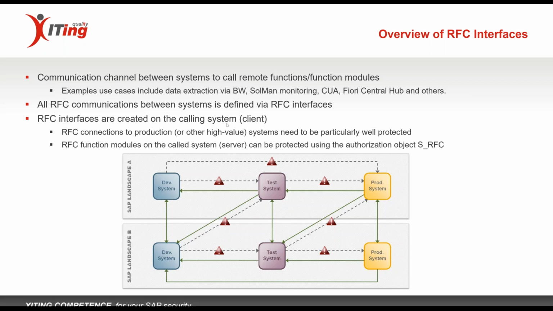So in the client system, in the calling system, you usually want to analyze the RFC interfaces, the RFC destinations, as it is here. RFC interfaces are created on the calling system, but the RFC users, which are called, they are created in the called system, in this so-called server side.